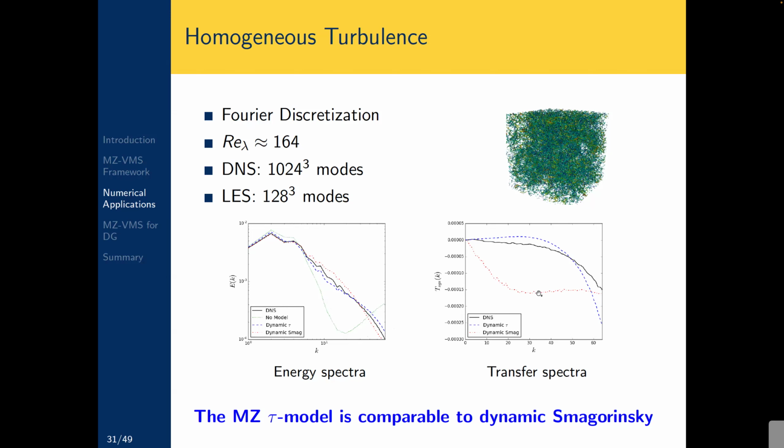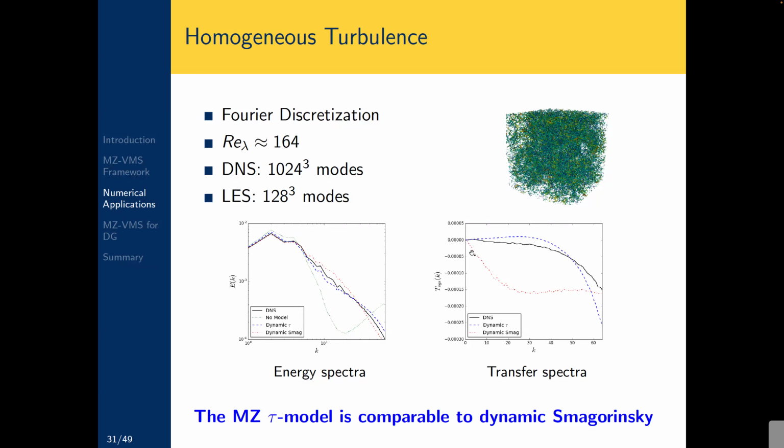And then another pretty interesting thing is here on the right, I have the transfer spectra. So how is energy being moved by the subgrid scale model from one wave number to the next? And same color scheme, black, blue, red. What is interesting about the MZ model in blue here is that you actually do see a little bit of backscatter from the MZ model. So they are capable of depositing energy into some of the higher wave numbers if you want.